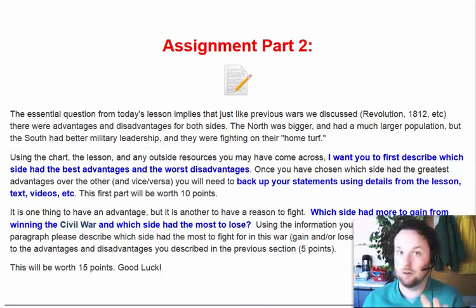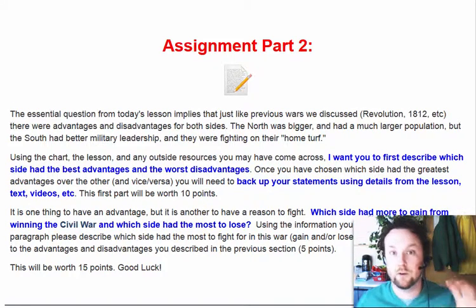So using that chart that I gave you at the very, very beginning of the lesson, and any outside resources that you may have come across, I want you to decide which side had the best advantages and which side had the worst disadvantages.